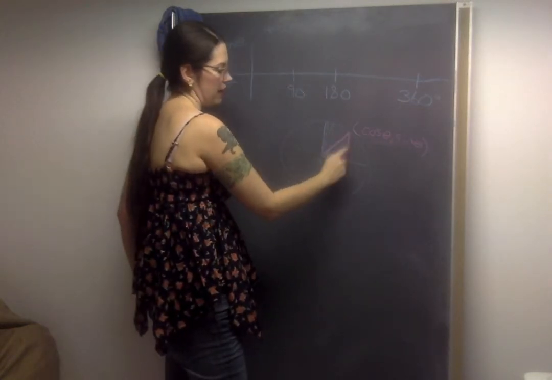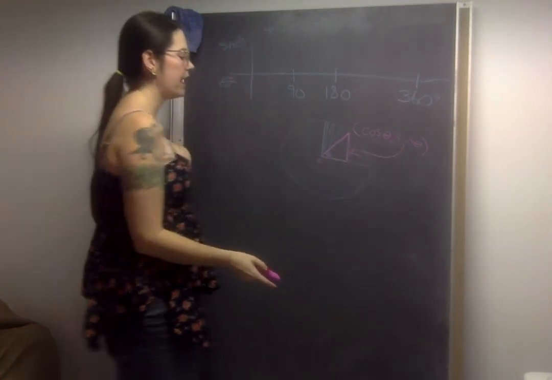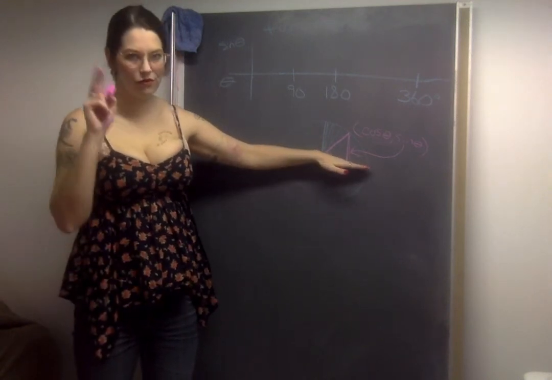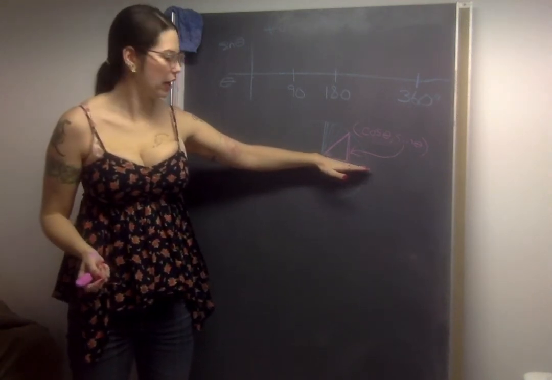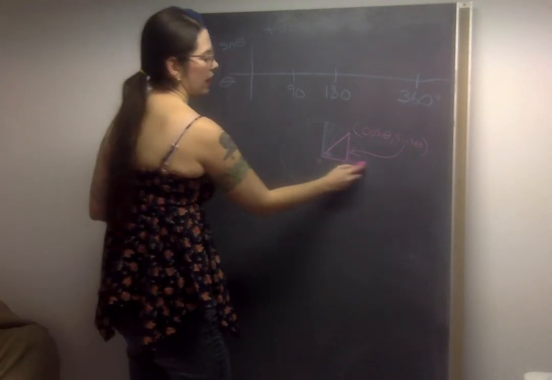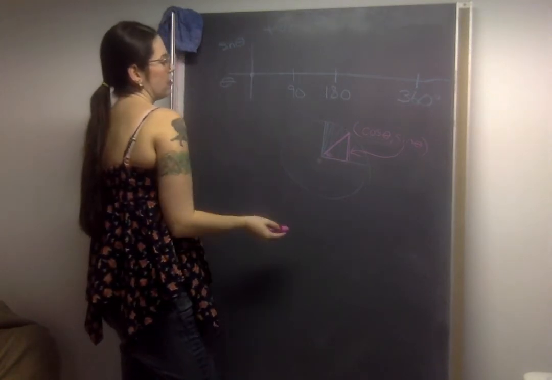So I'm looking at this value right here. All right, if theta is 0, I've got a flat triangle. Not really much of a triangle. The height is 0. So if this angle is 0, if I'm drawing a line at an angle of 0 to that x-axis, I've got 0.